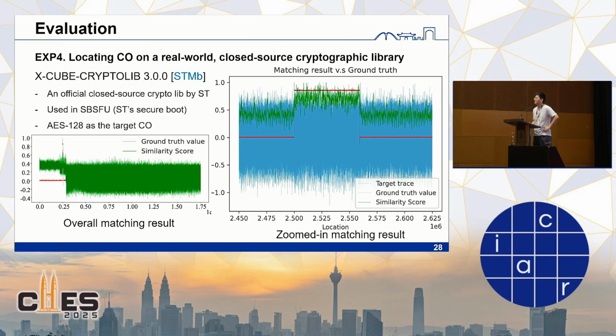Thanks for your great talk. I want to ask, why did you use binary instrumentation rather than debugger breakpoints? That's a very good question. In short, on embedded devices like Cortex-M, there are two kinds of breakpoints.